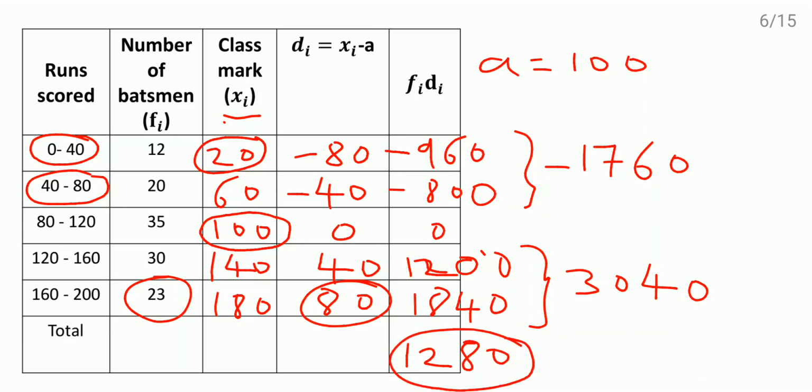This is sigma fi di and the sum of all the batsmen, total number of batsmen, it is 120. Right? Now we will use the formula for assumed mean.